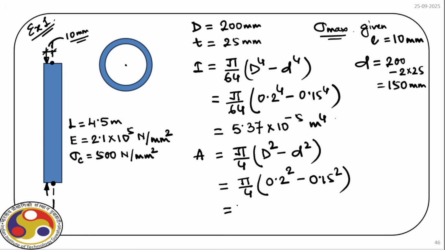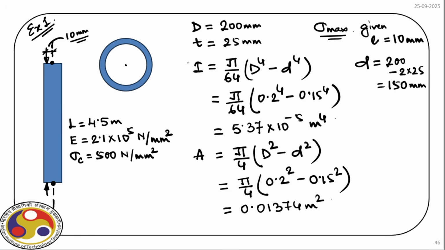Now, if you find out this area, you get 0.01374 meter square.